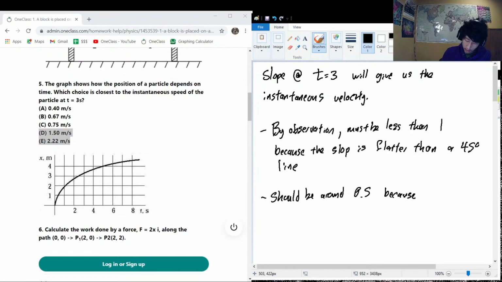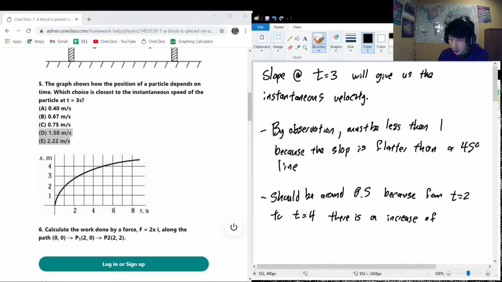because from t equals 2 to t equals 4, there is an increase of, honestly, just less than 1.